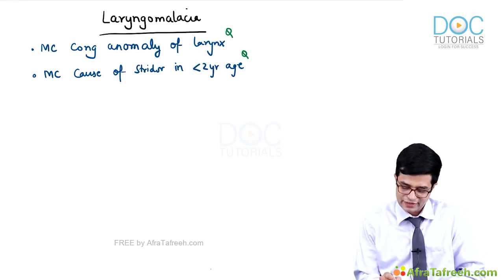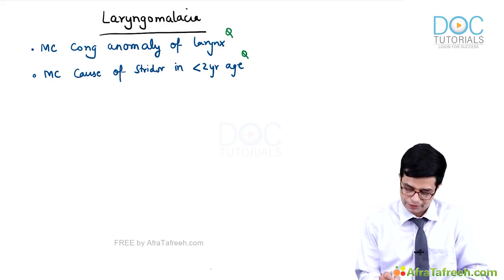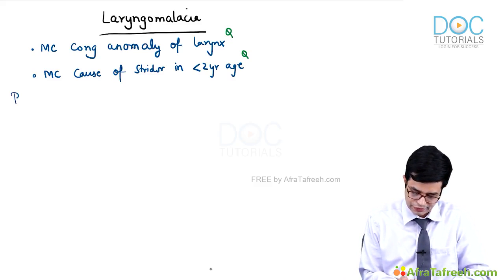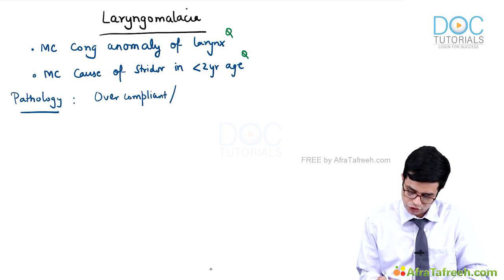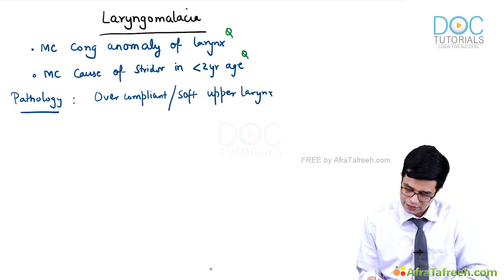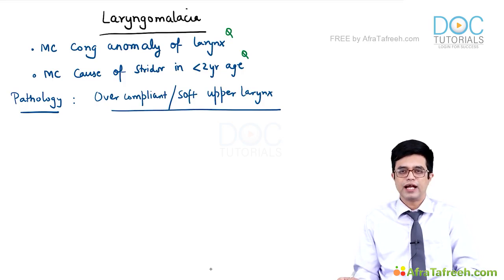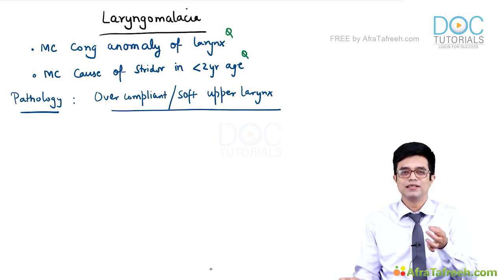Now, what exactly is the basic problem in laryngomalacia? The basic pathology in laryngomalacia is an over-compliant or soft upper part of the larynx. This upper part of the larynx is soft and overly compliant since birth.